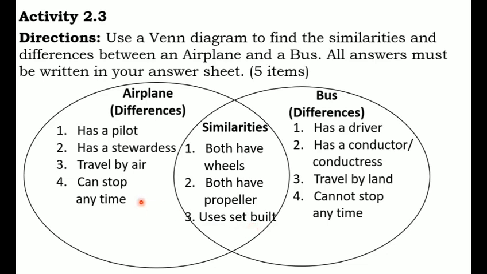Okay. Now for bus, it can stop anytime. Of course, if you want to stop, as long as it is allowed or legal, the driver can stop anytime. But in airplane, it cannot stop anywhere or anytime. It can stop only in a certain destination or airport.